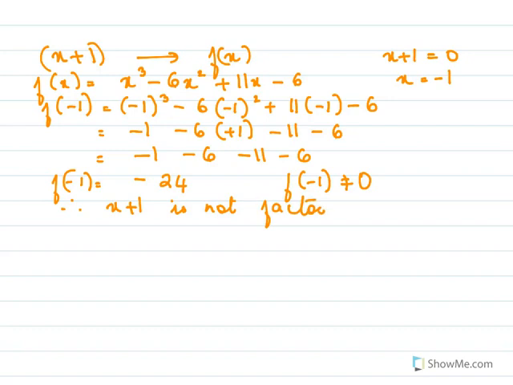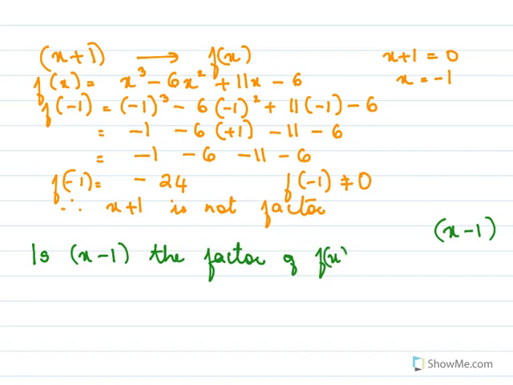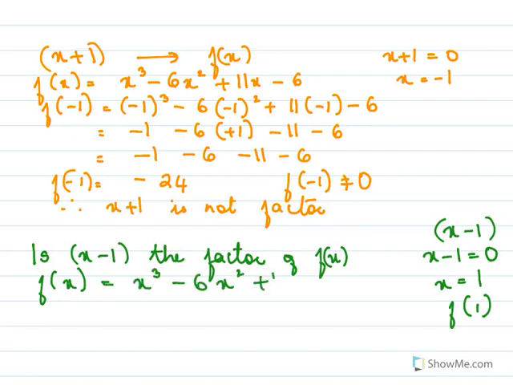The next one we have got to choose, find out if x minus 1 is a factor of f of x. How do we find out? Same procedure, x minus 1 equal to 0, x equal to 1, and we are going to find f of 1. So we know f of x equal to x cubed minus 6x squared plus 11x minus 6.